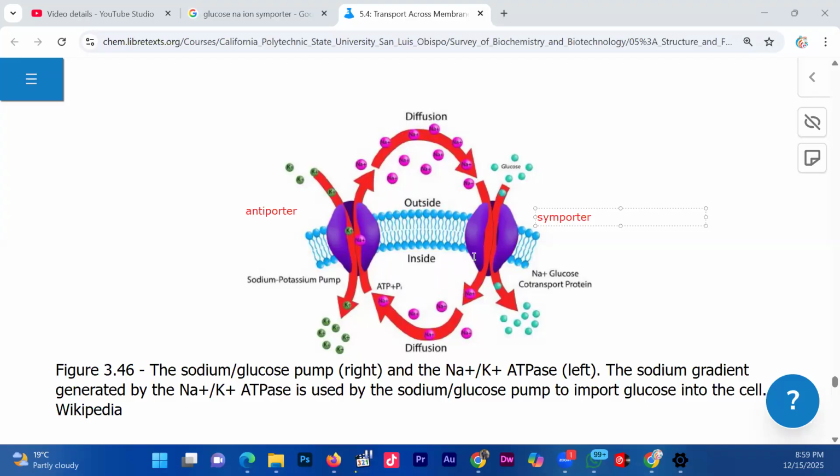Can you explain that? Go ahead and explain why people who are diabetic are not to take too much salt.